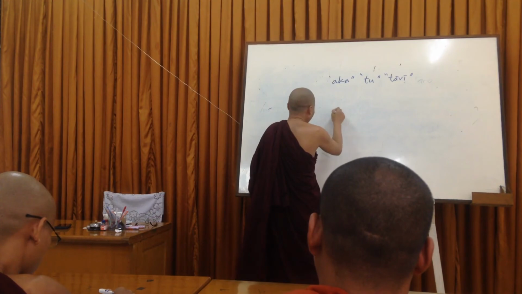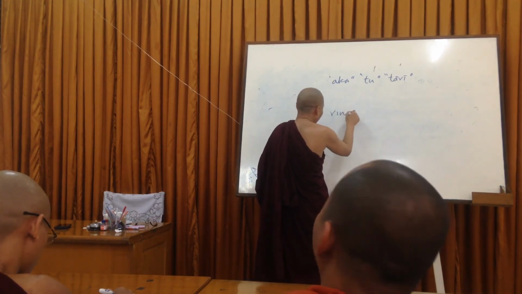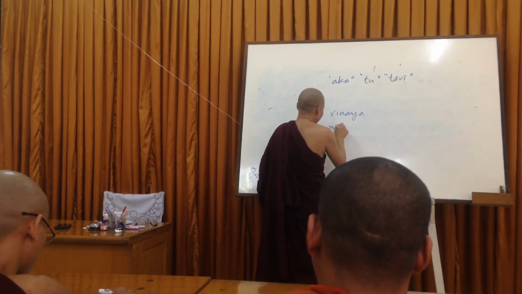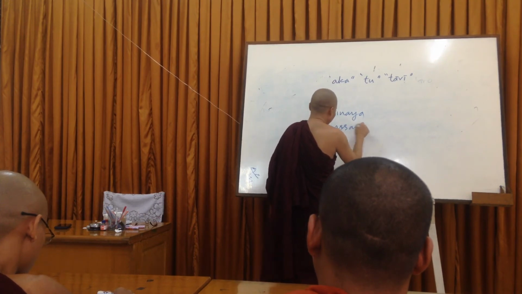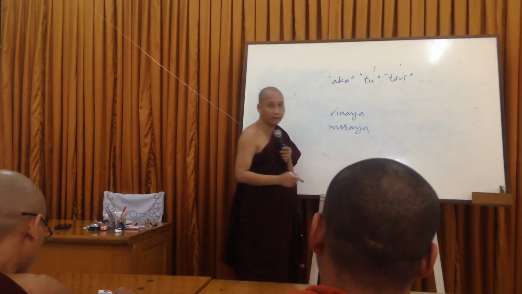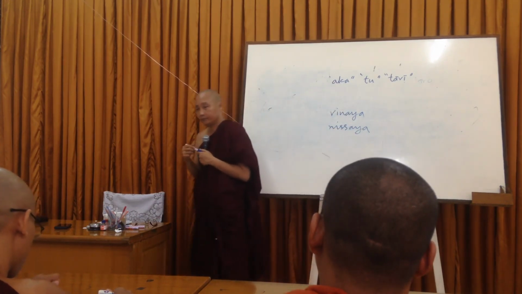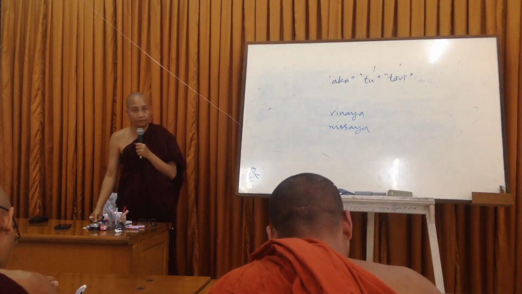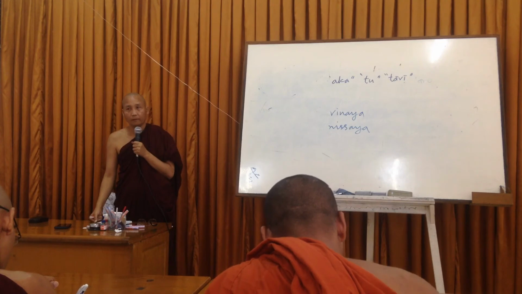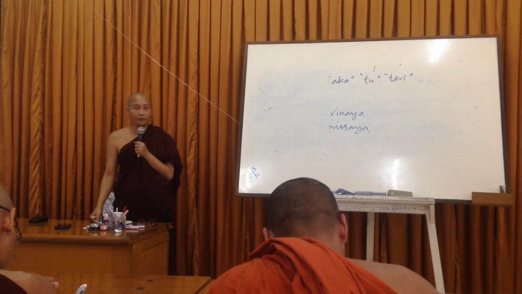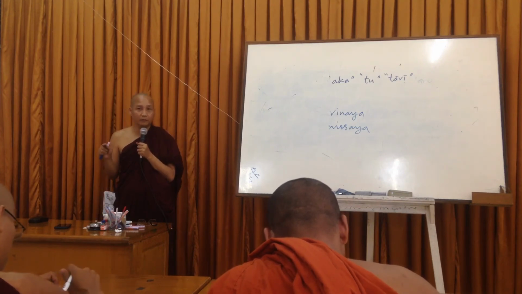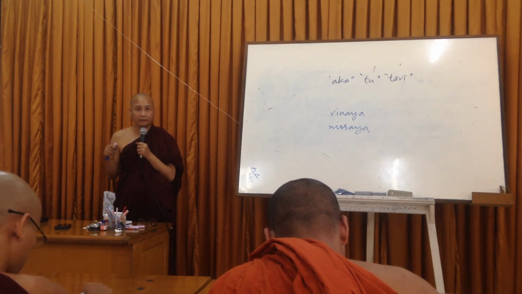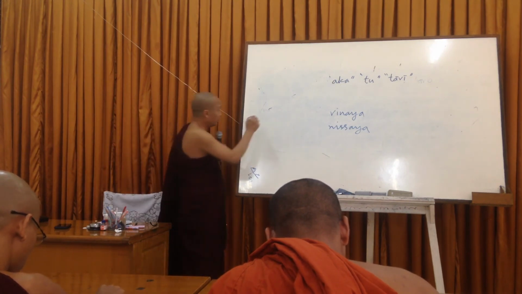Now the next one is the Vinaya and the Nissaya. Vinaya also we can understand, it is vi and ni plus a. The root is ni.